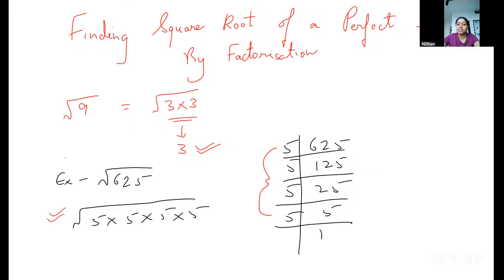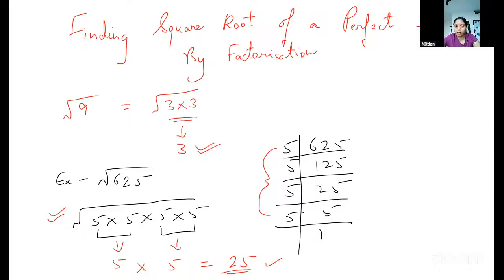Then because it says square, we make pairs of 2. This and this. Take one out from 5 and take one out from this 5. Multiply and we will get 25, which is the square root of 625.